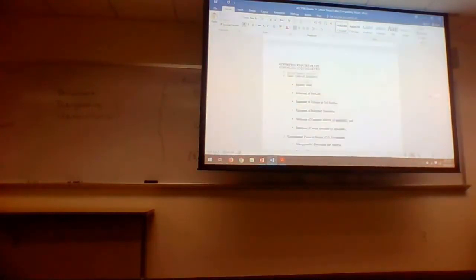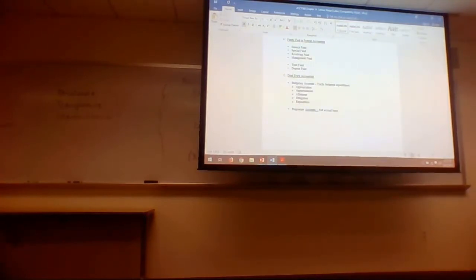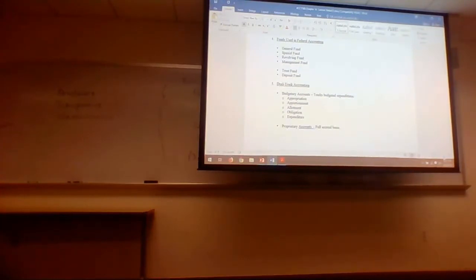All right, let's talk about dual track accounting. Okay, so remember for state and local governments, you had dual track accounting? What was dual track accounting for state and local governments? Do everything twice. At the fund level and then at the government-wide level.